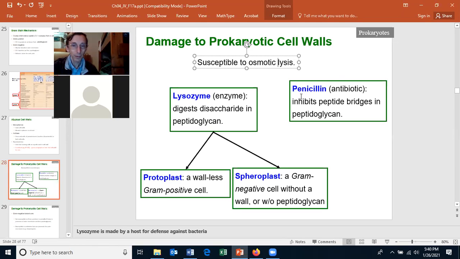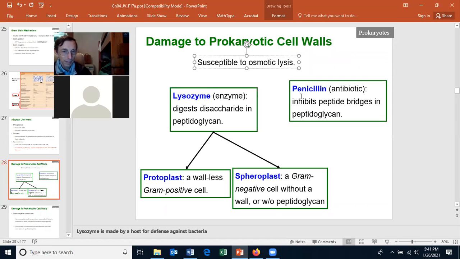Another way to damage prokaryotic cell is with the enzyme lysozyme, and this enzyme digests the disaccharide in peptidoglycan, meaning it's digesting the NAG and the NAM linkage in the peptidoglycan. If you're not familiar with lysozyme, it's an enzyme you can find in your skin, and it's generally made by humans to help defend them against bacterial infection.